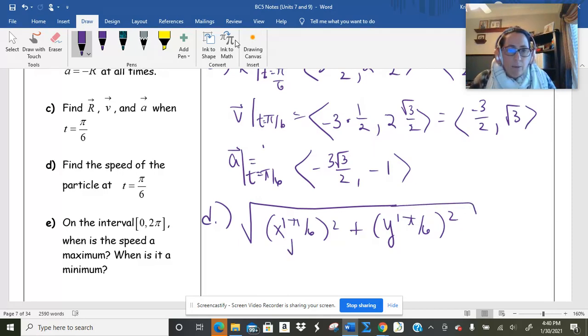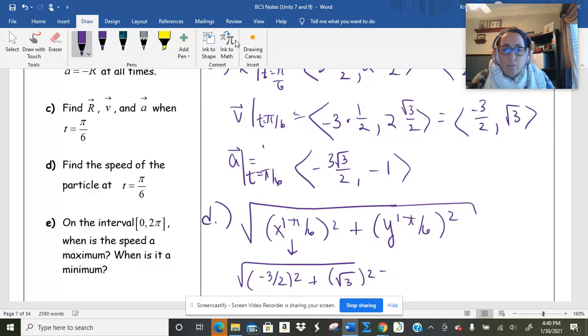If I want to find y prime of pi over 6, I basically did that here. So that would be the square root of negative 3 over 2 squared plus, and I already did this piece, the square root of 3 squared, which would give me 9/4 plus 3, and if you want to simplify that more, awesome.